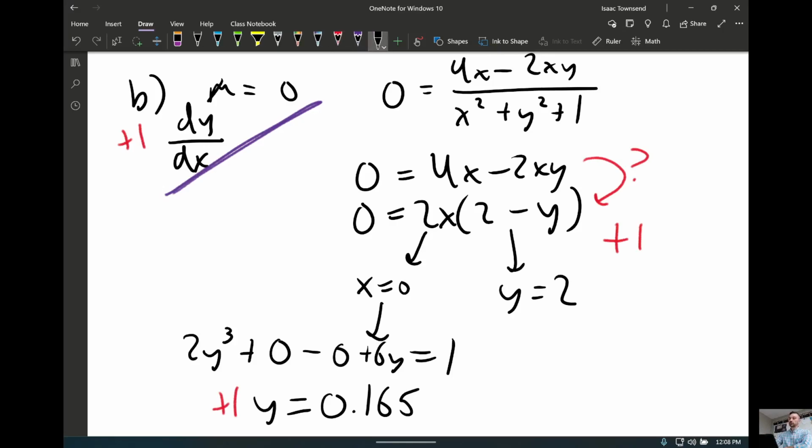And then if you try to plug 2 into the original problem, oh, I'm sorry, this is supposed to be 2 in for y, 2 in for y. It looks like that. And what happens when I try to solve this? What should you do to try to solve this?